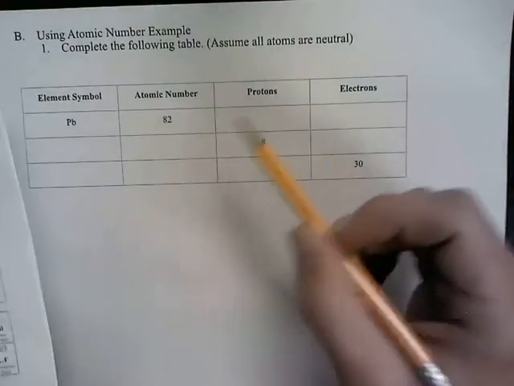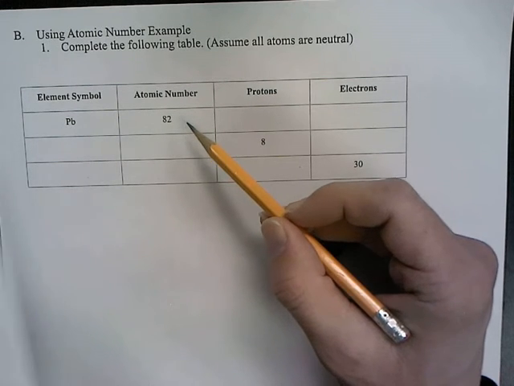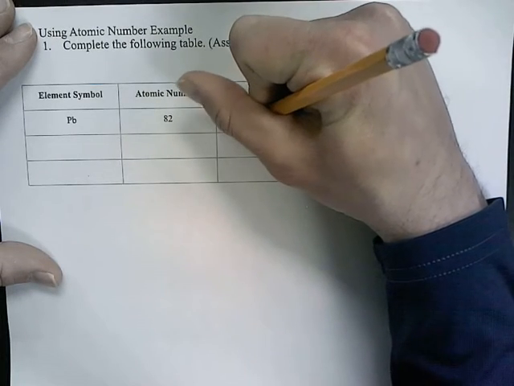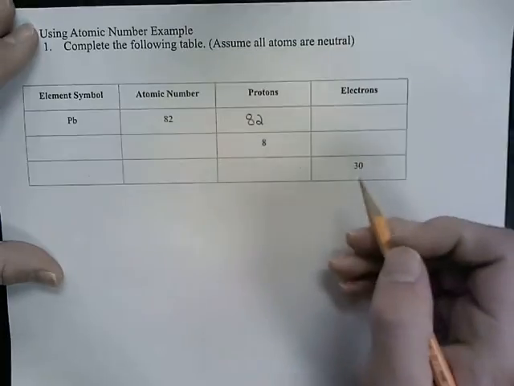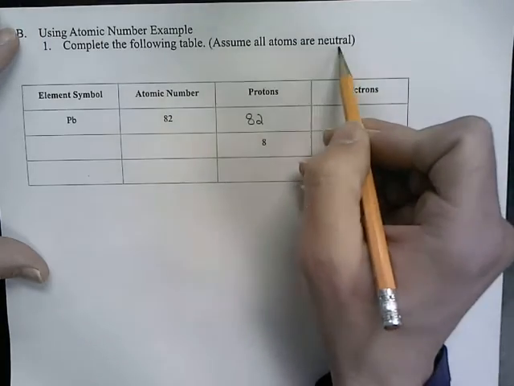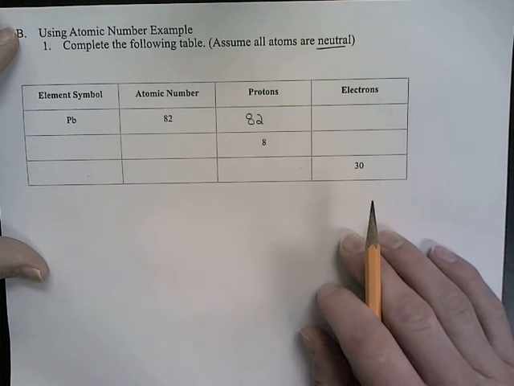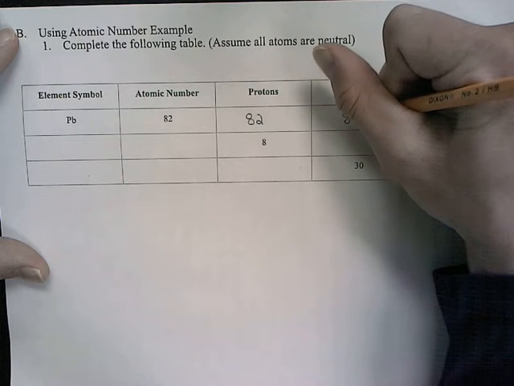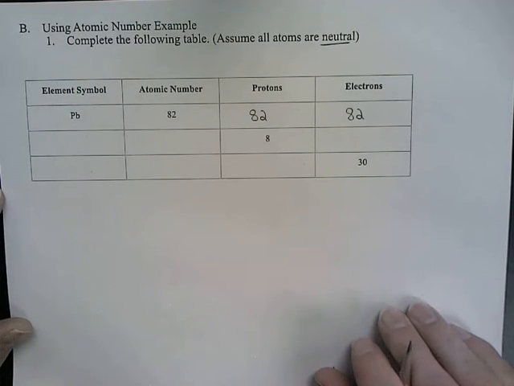Now, 82 is listed as the atomic number, and the atomic number is equal to the number of protons. So the number of protons here for Pb, or lead, is 82. Because all atoms are neutral, that means we have an equal number of electrons and protons. So lead is going to have 82 electrons as well.